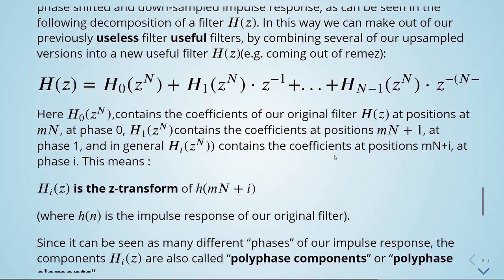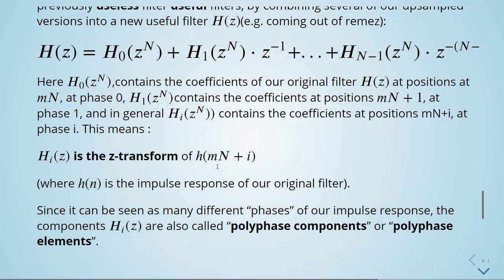So this means that the H of I of z is the z transform of the impulse response at m times capital N plus I. So this h of n is the impulse response of our original filter.